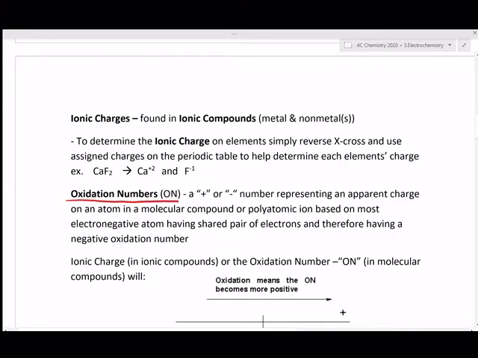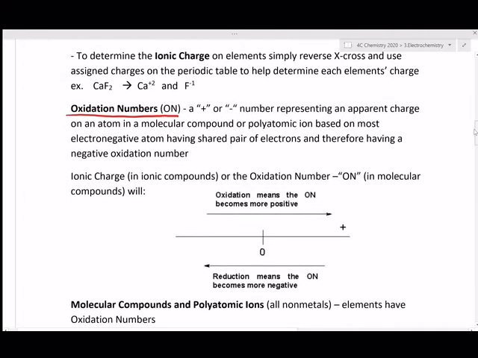This is just a number that represents what the charge would be on the element if it wasn't sharing and it was actually losing or gaining. This would be its representative charge, but it's definitely sharing. So anything molecular or polyatomic ions, which are also molecular because they're all nonmetals, this is what we're going to be worrying about. We can't just look that up on the periodic table the same.